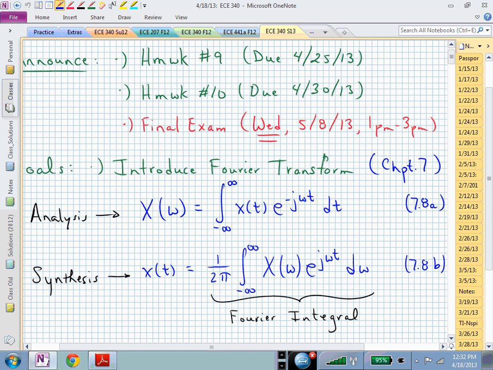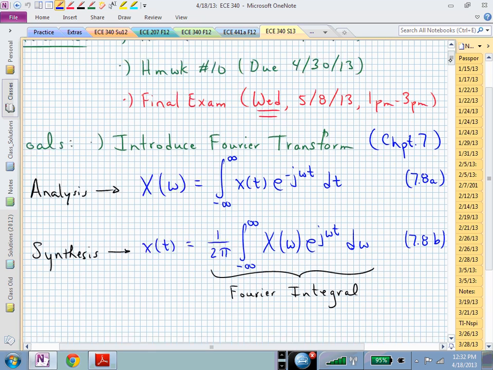The synthesis equation says how do you create a signal in the time domain out of different frequency information. And you might see this referred to as the Fourier integral. These are now in chapter 7 in equation 8 of that chapter.